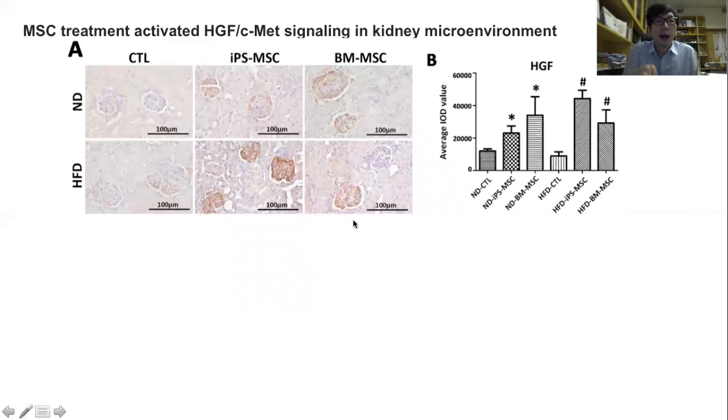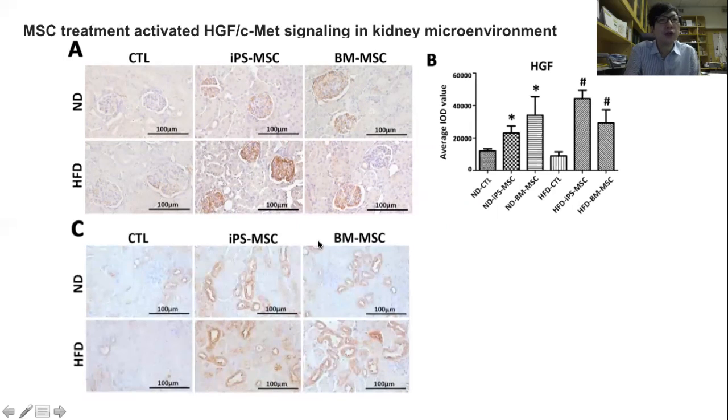Now, these stem cells are known to mediate their renal protective effect via the hepatocyte growth factor, c-Met signaling pathway. So here we show the HGF c-Met signaling results in the kidney microenvironment, and you can see that hepatocyte growth factor is markedly induced by mesenchymal stem cells, as shown in the middle and the right-hand panel.